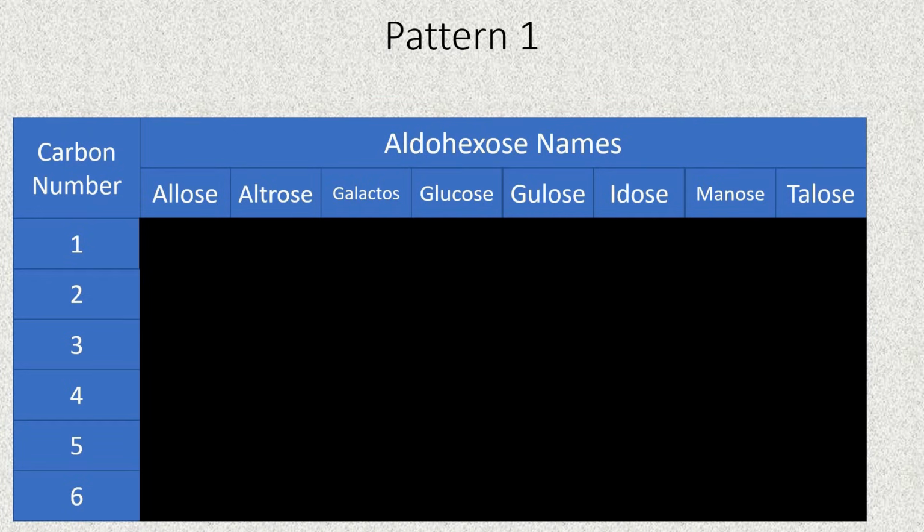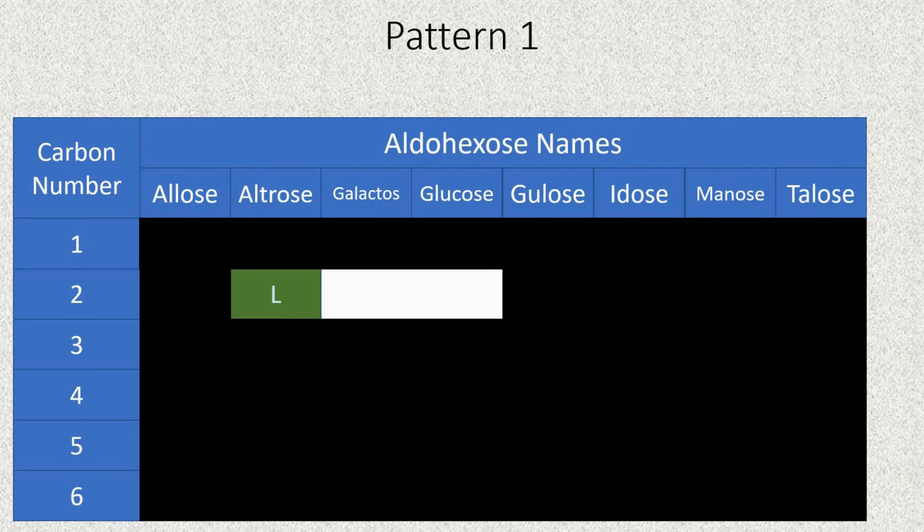Now let me show you the pattern. Start from altrose, because allose is already done, and we know that carbon number 2 in allose is on the right side, carbon number 3 and carbon 4 as well. So altrose will have the hydroxyl group on the second carbon on the left side. Then you will have to leave blank spaces. But how many blank spaces? 3 blank spaces: 1, 2 and 3.